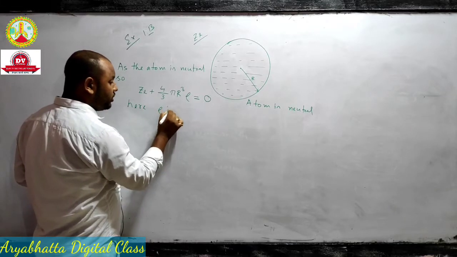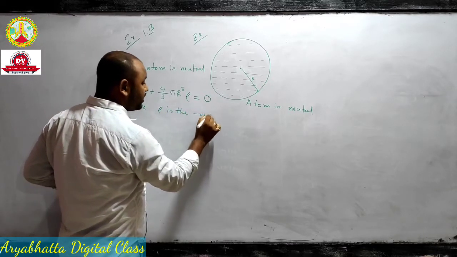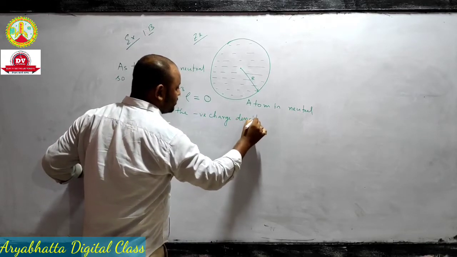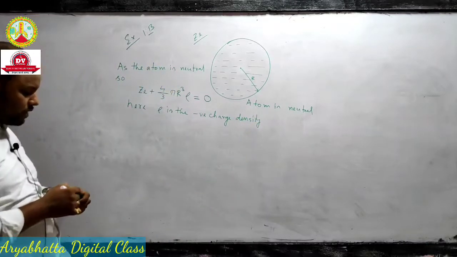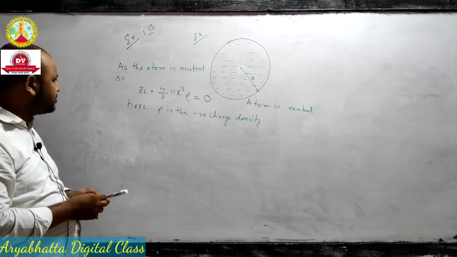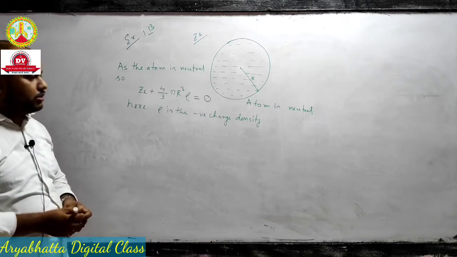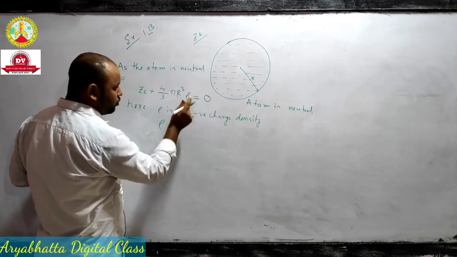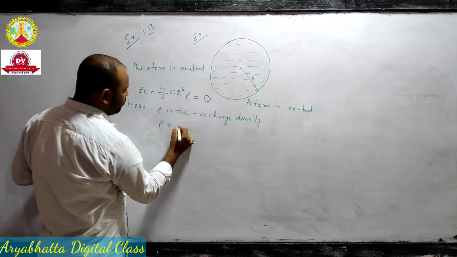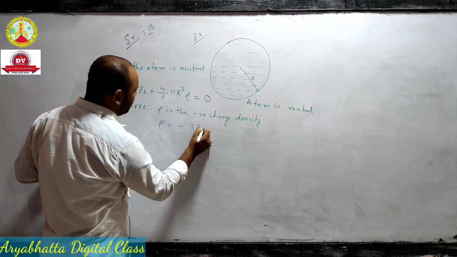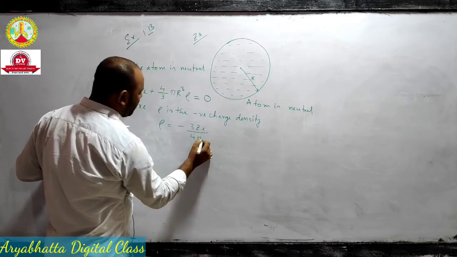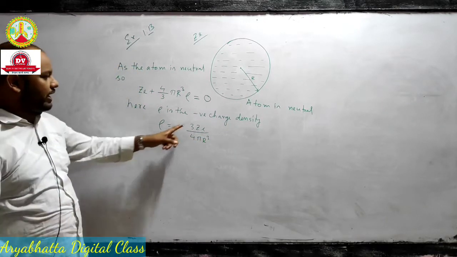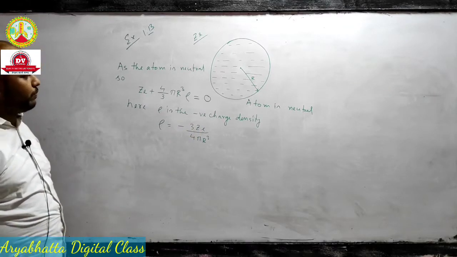Rho is the negative charge density. Then from this equation, rho will be equal to minus thrice Ze divided by 4 pi R cube.